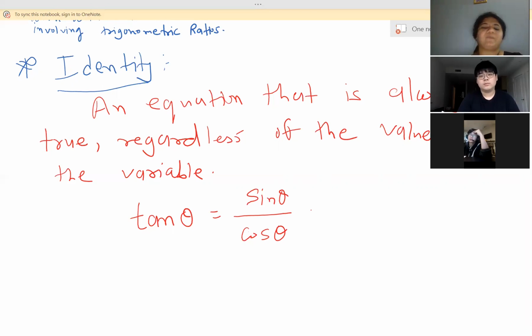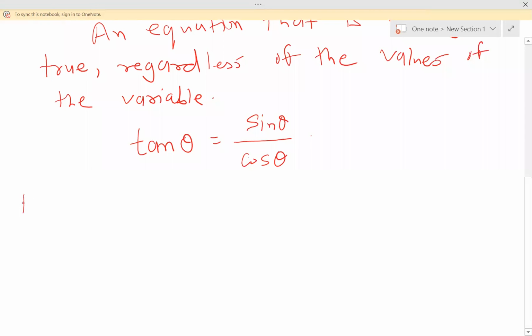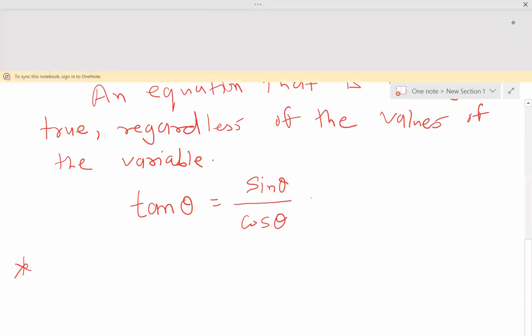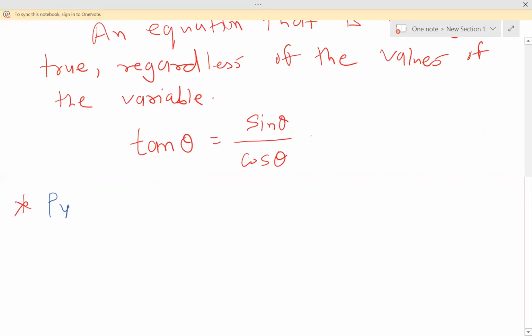Okay, so first we will show the Pythagorean identity. Yes, Jaren, can you tell me what the Pythagorean theorem was? What is the Pythagorean identity?